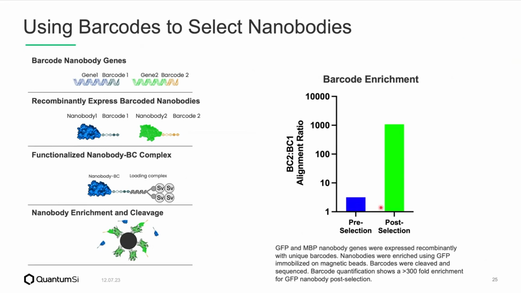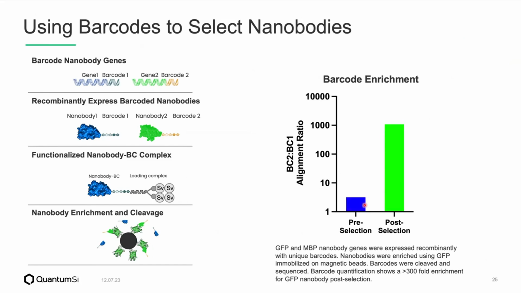We then performed our round of selection using the GFP immobilized onto magnetic beads and found that the ratio of the barcode 2, which again corresponds to the GFP nanobody, increased to approximately 1,000 to 1 compared to the ratio of the GFP nanobody to the MBP nanobody.